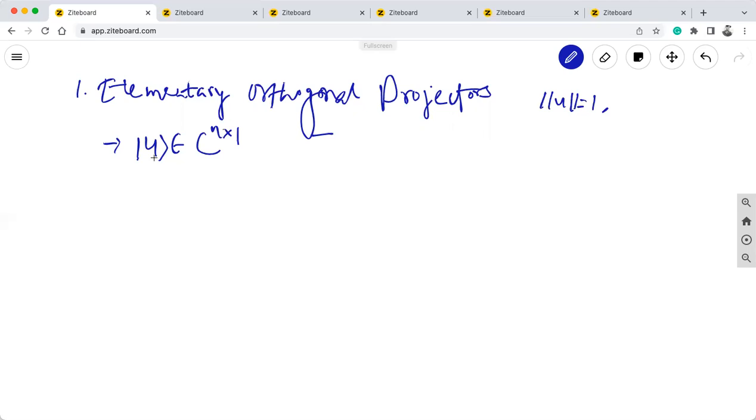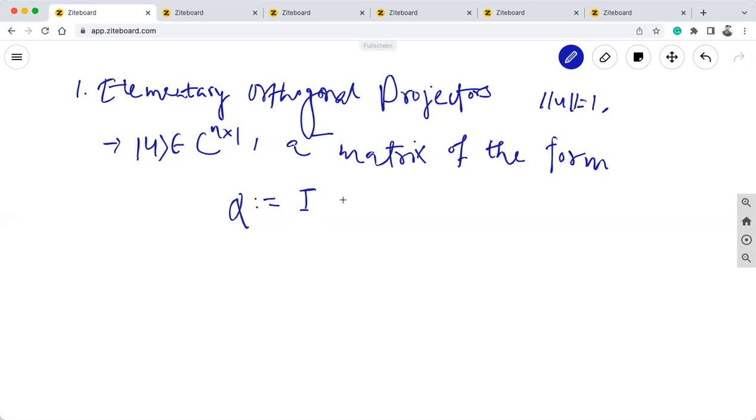There is a matrix of the form Q equals the identity matrix minus the outer product of these state vectors. So you can denote it like this.